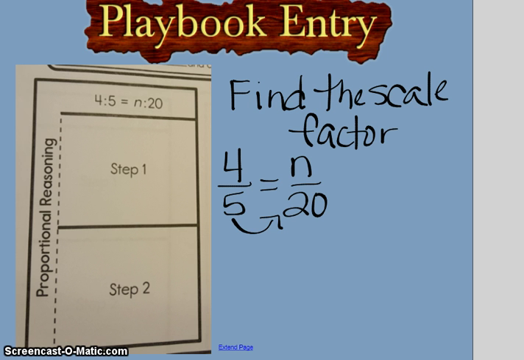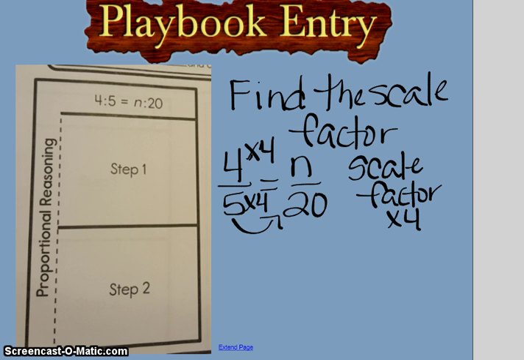So how did 5 go to 20? Well, we know that that's times 4. So if I keep my proportion correct, whatever I do at the bottom, I have to do at the top, which means I'm going to multiply by 4. So my scale factor is times 4. All of this is written underneath step 1 flap.